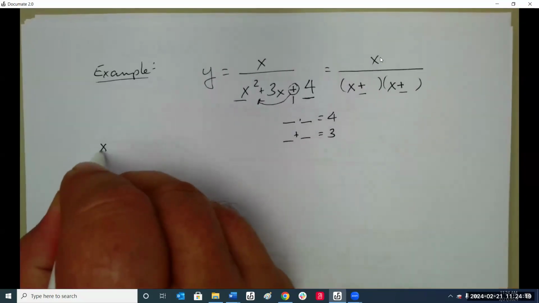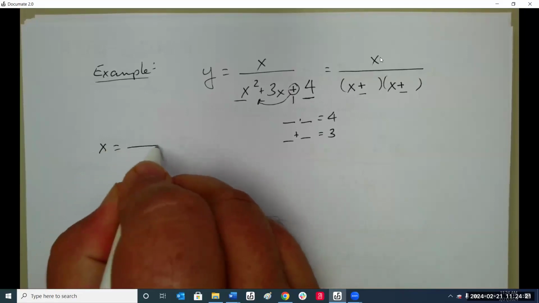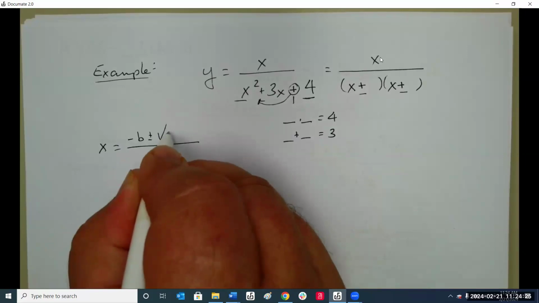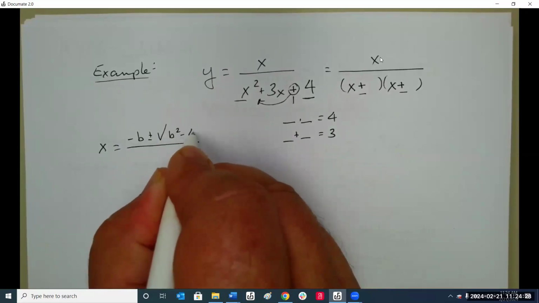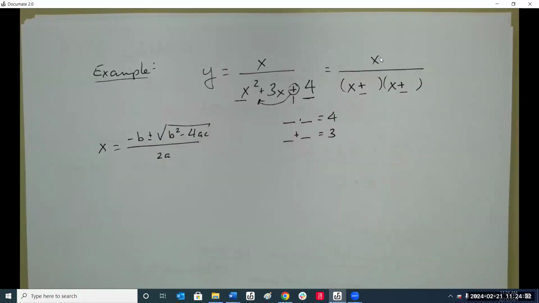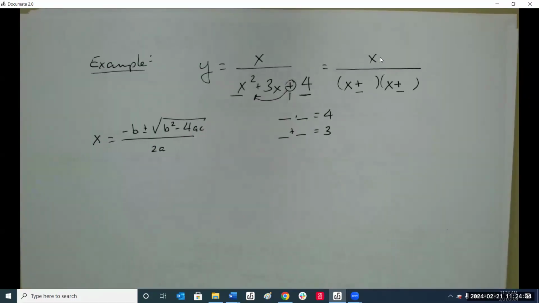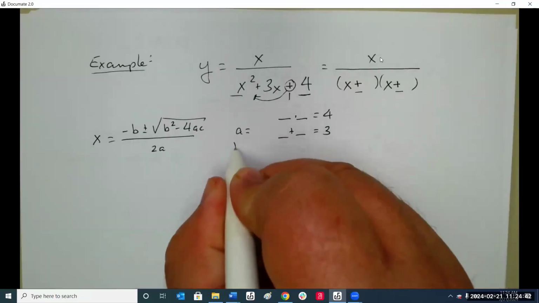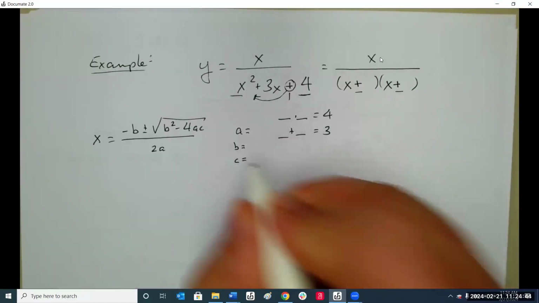So we have to use the quadratic formula. But you have to find out where your function is undefined. What is A, what is B, and what is C?